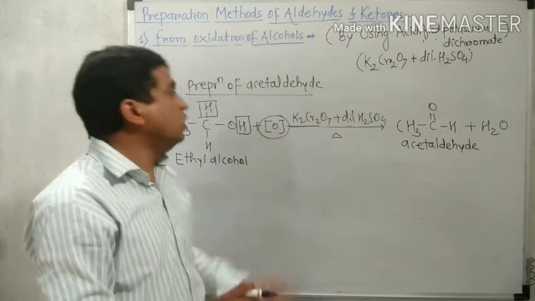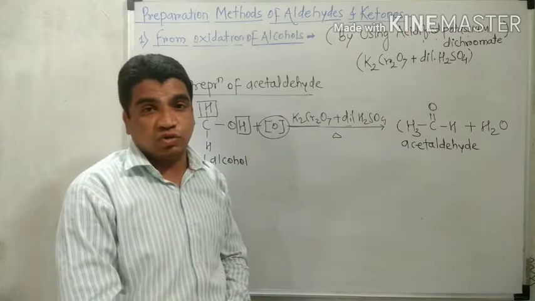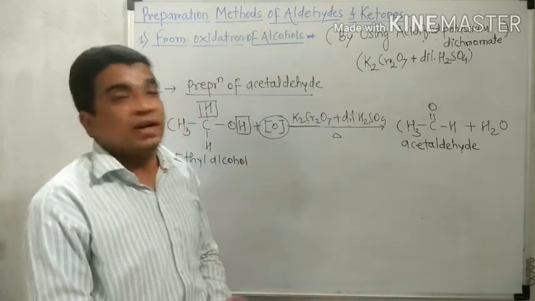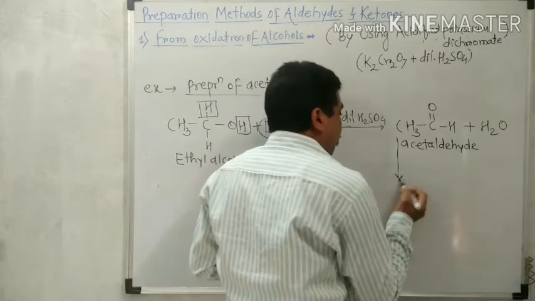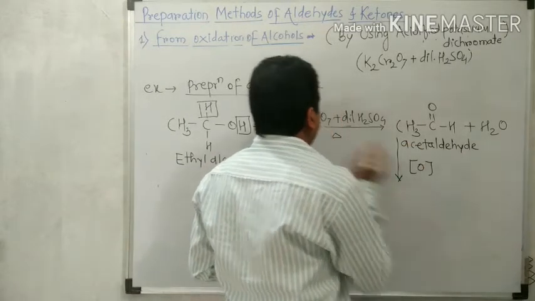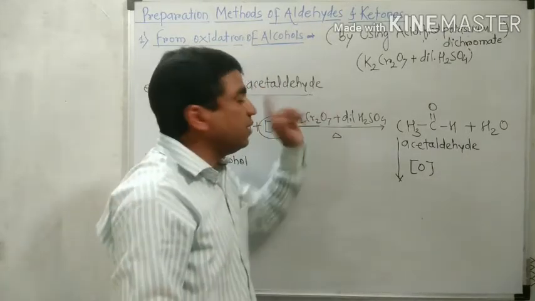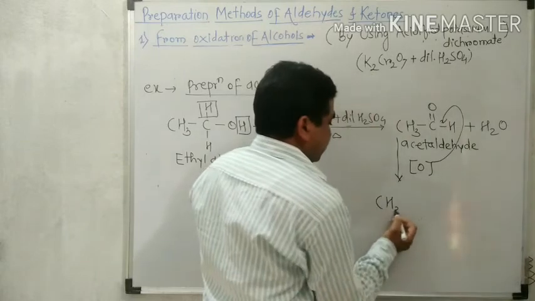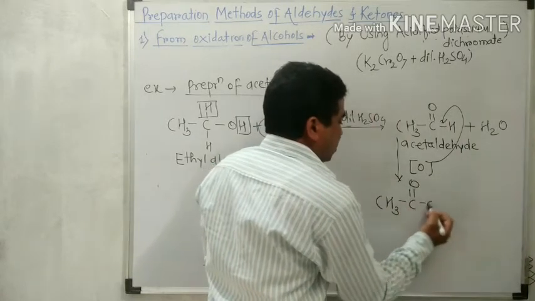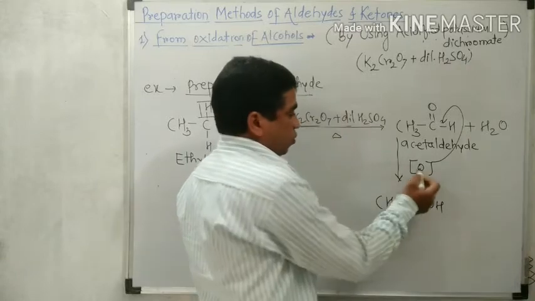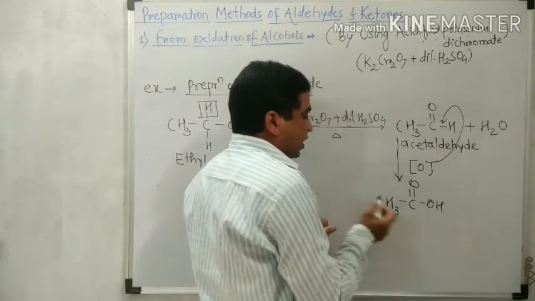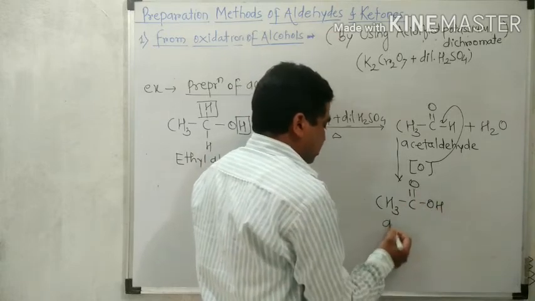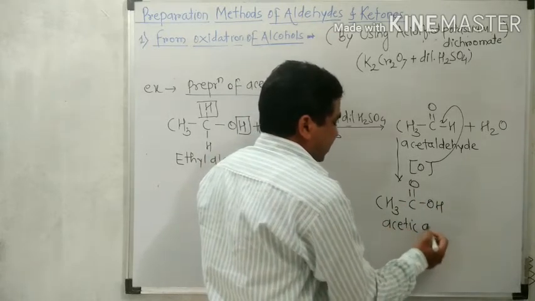If you use only K2Cr2O7 and H2SO4, then the reaction cannot stop at the stage of acetaldehyde. Further, acetaldehyde oxidizes in the same reaction, with the same oxidizing agent, into CH3COOH. Due to the addition of one oxygen, the formula converts to CH3COOH. This is the structure of acetic acid.